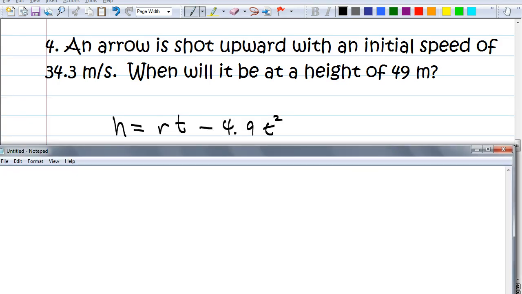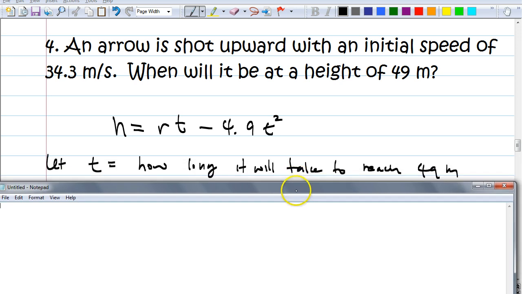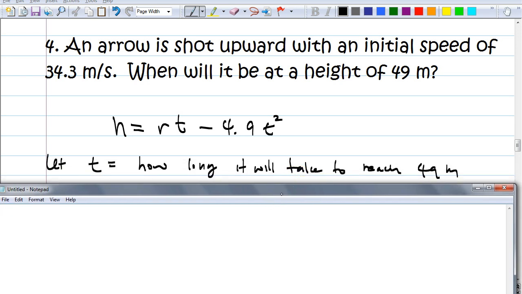That's all you have to do. But what is our unknown, by the way? The time. So let T be the time it takes for the arrow to reach 49 meters. Isn't that the time that we're interested in? That's what we're looking for: how long will it take to reach 49 meters?